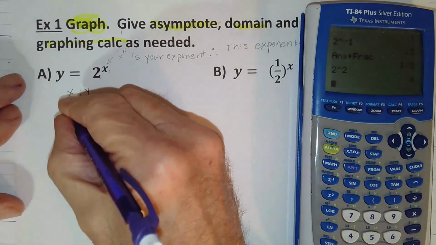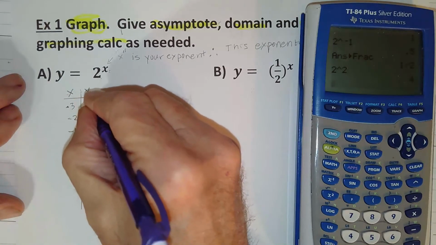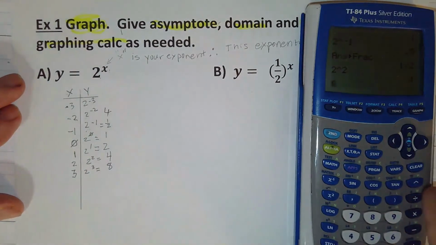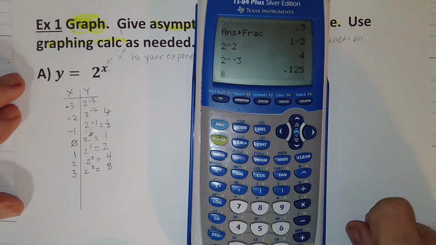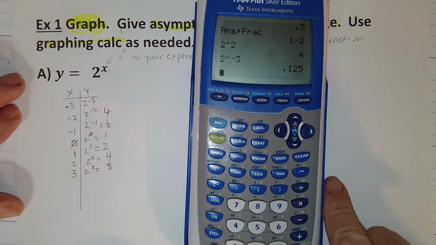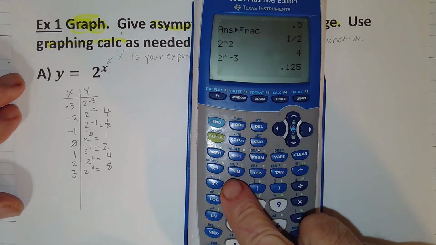So let's try negative 3, and this is the last one we're going to do. So 2 to the negative 3 is going to be 2 caret negative 3, and hit enter on that, and you get 0.125. Okay, so I'm going to frac that because I want a fraction. Oh, did I do that right?